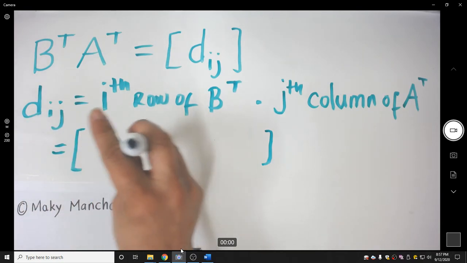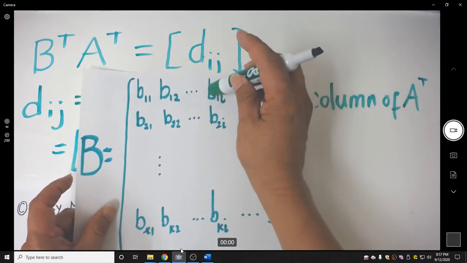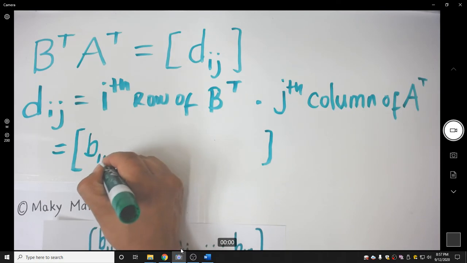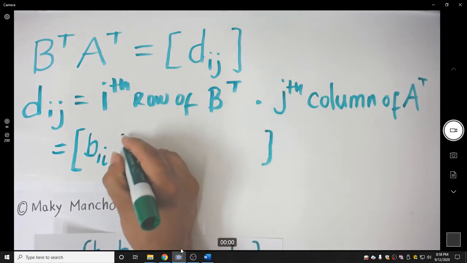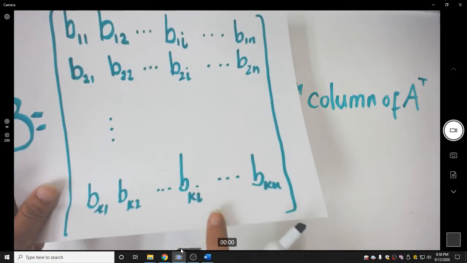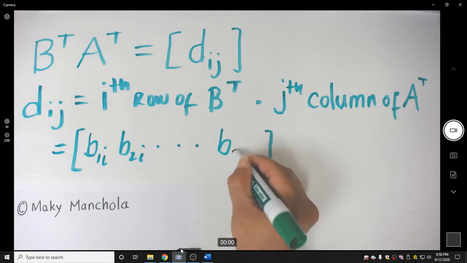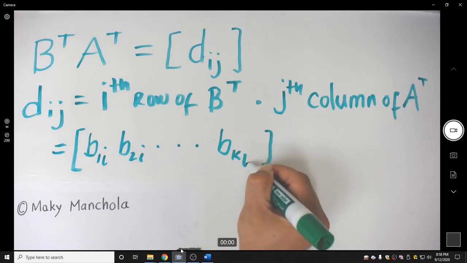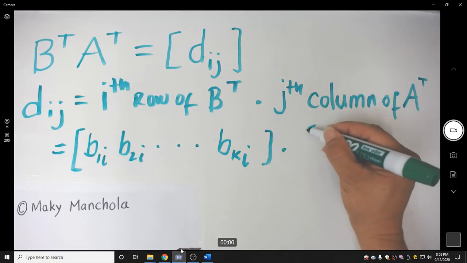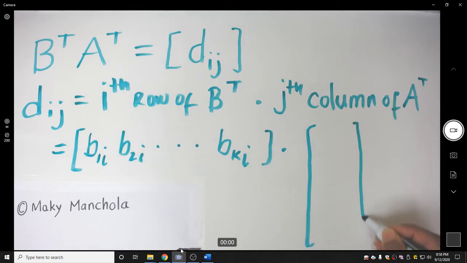The entries that you will find here will have to be those B1i, B2i, all the way to Bki. Now we want the column matrix.